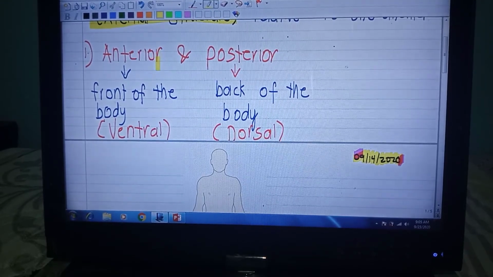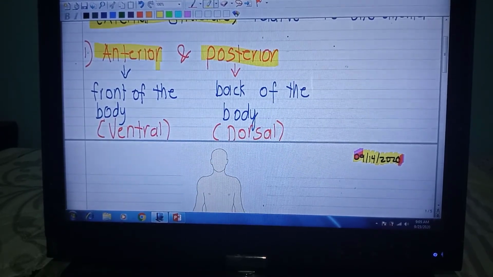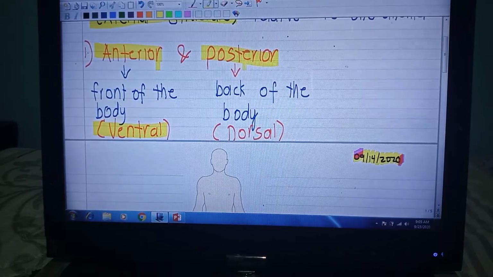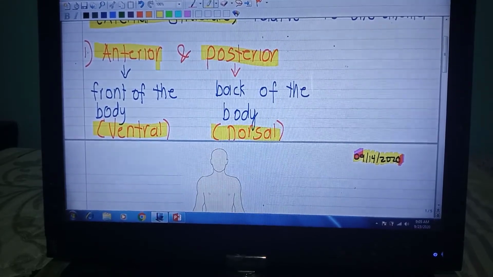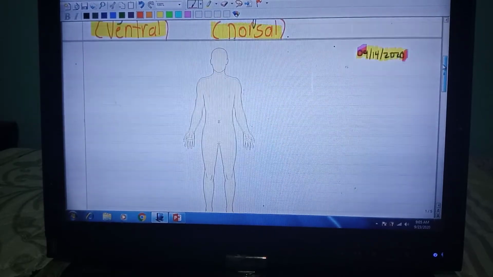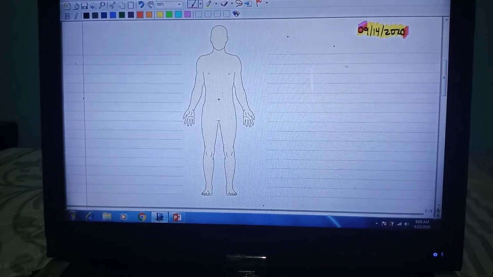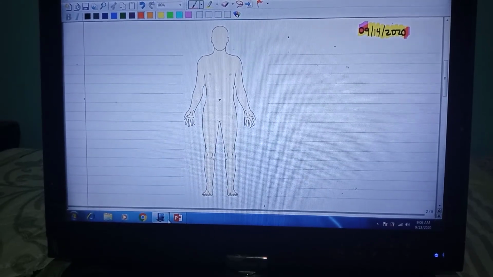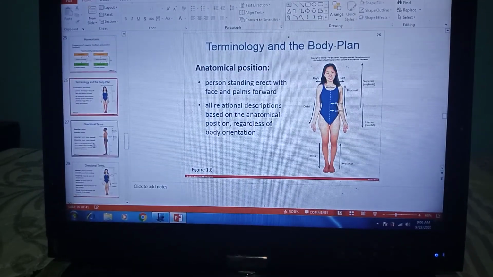We have anterior and posterior. Anterior, front of the body, other term ventral. Posterior, back of the body, dorsal. Let's take a look at this figure. Anterior, front of the body. Posterior, back of the body. Para mas ma-appreciate natin, I have a figure here.